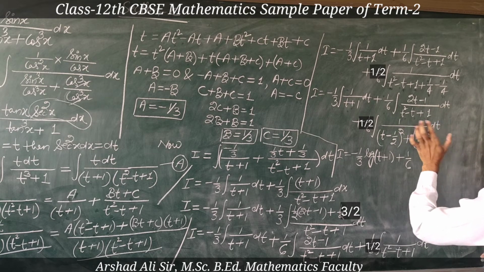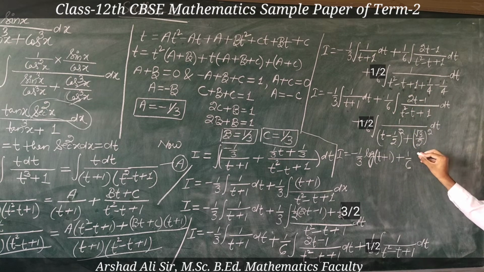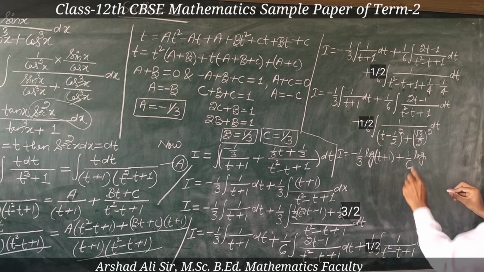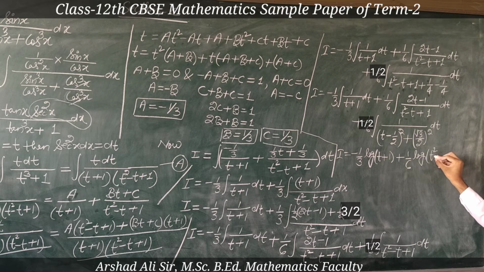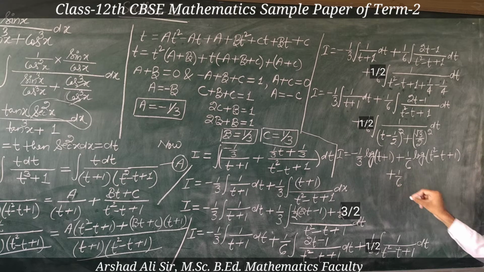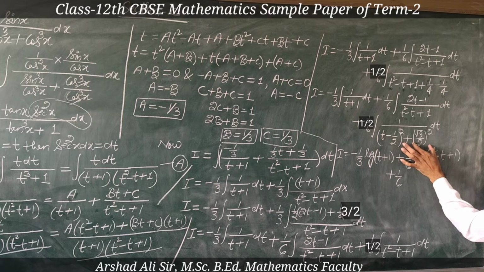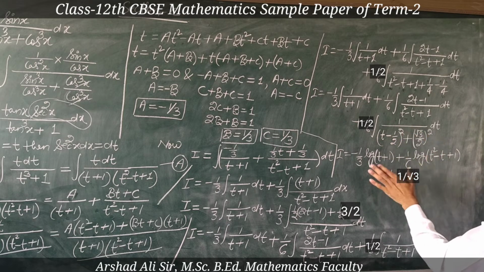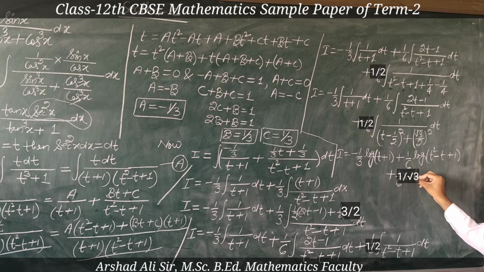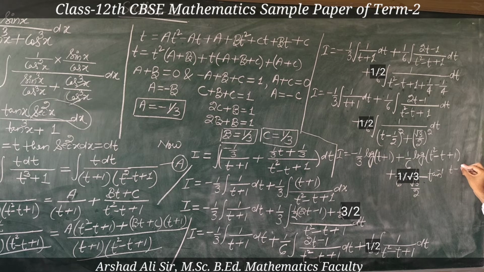So we want to integrate this function, so it will be logarithm of the denominator, (t square minus t plus 1), plus 1 upon 6, 1 upon (x square plus a square). It is the formula of 1 upon a tan inverse x upon a. 1 upon a means root 3 upon 2 into tan inverse x upon a. X means t minus 1 upon 2, and a means root 3 upon 2.